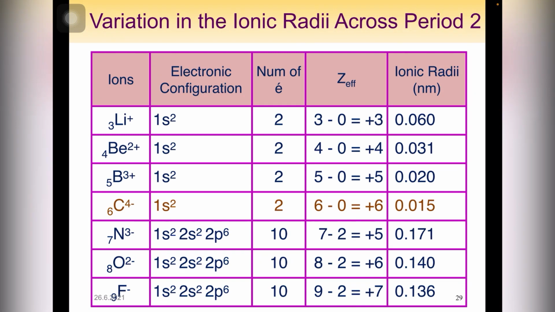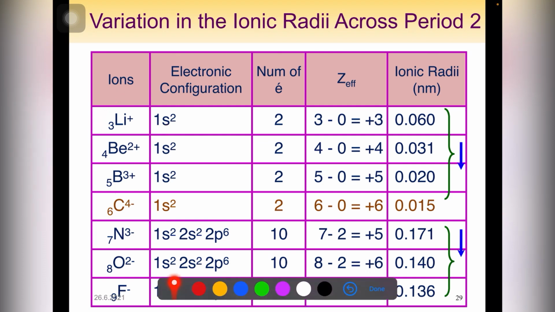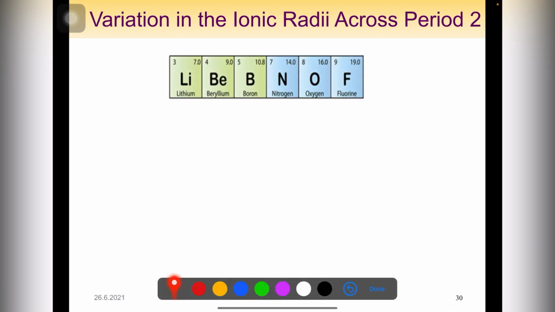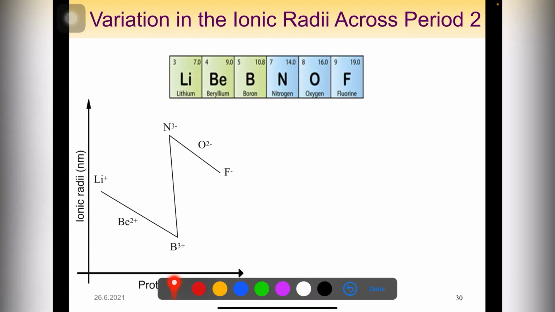From Li+ to B3+ the size decreases for the positive ions, and for the negative ions, the size of the anion decreases from N3- to F-.